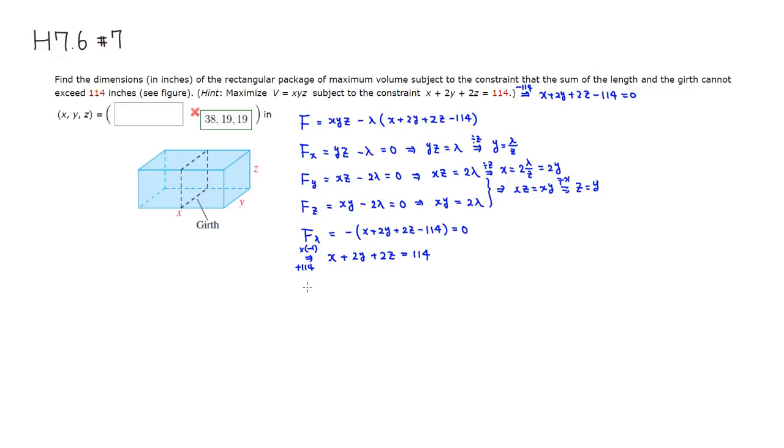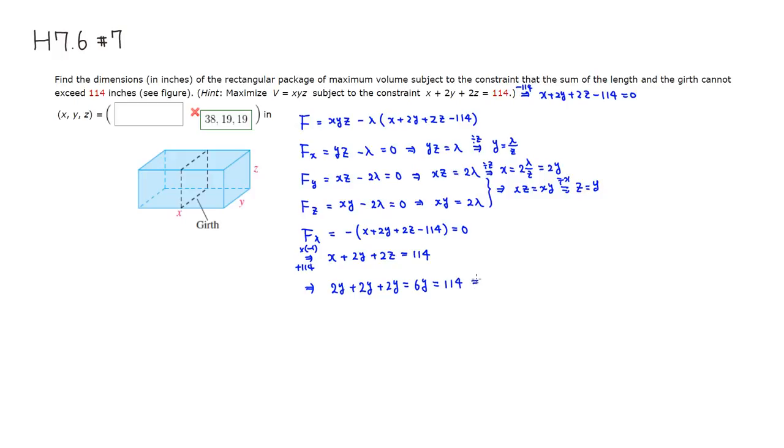So we can do this. x is 2y, y is y, and z is the same as y, so 2y plus 2y plus 2y is 6y. So that has to be equal to 114.